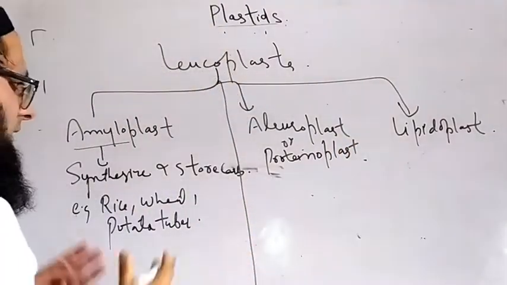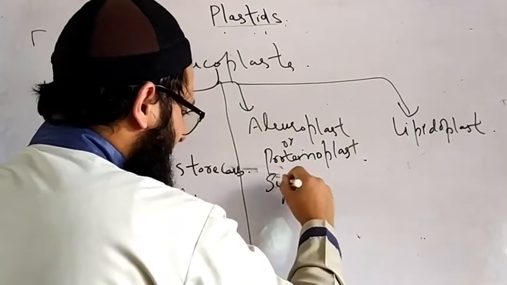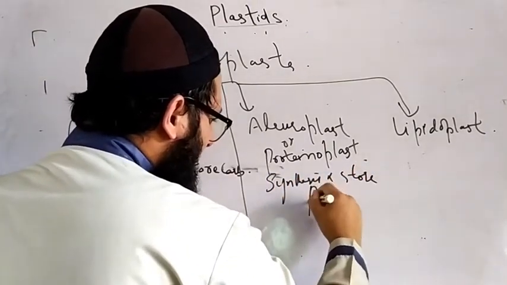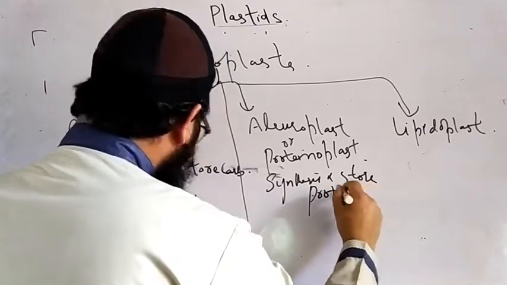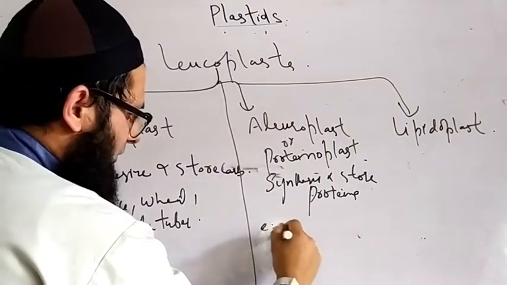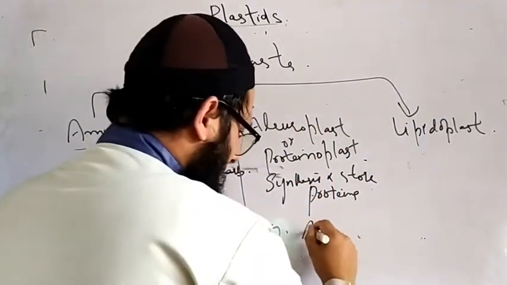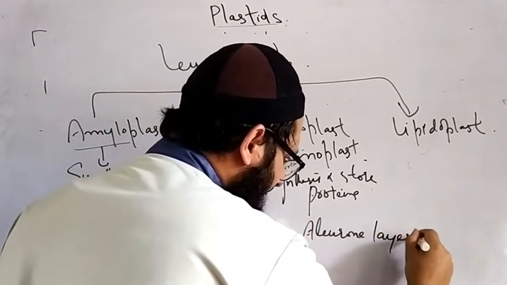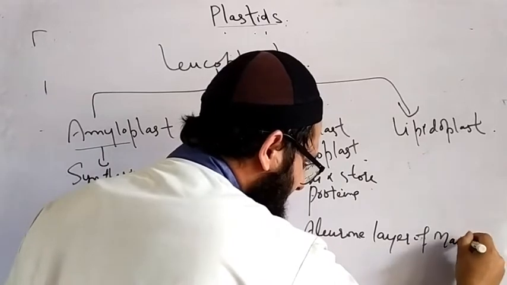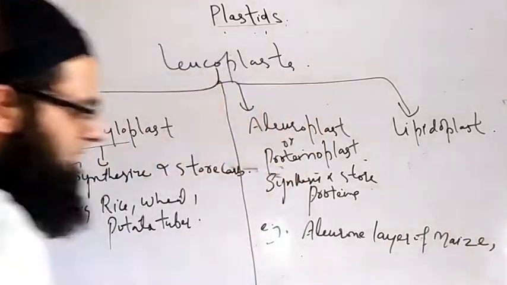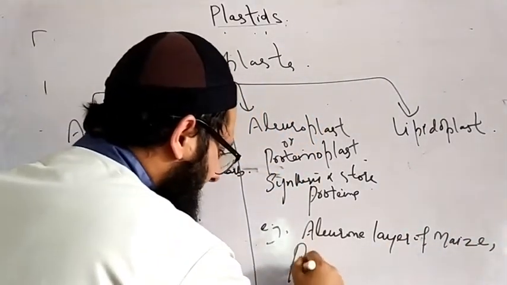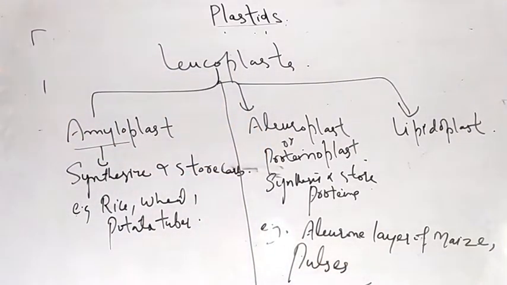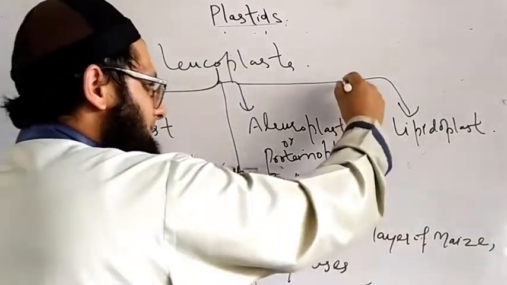That means they synthesize and store proteins. The example goes over here: aleurone layer of maize. This is our example. We also have pulses as examples, which actually have these leucoplasts.